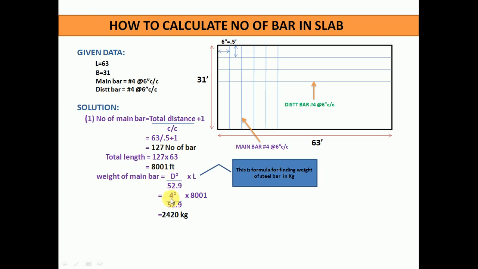So putting in the data, 4 square, which is the number 4 bar, divided by 52.9 multiplied by 8001, which is the total length of main bar. So here we have the total weight of main bar, 2420 kg.